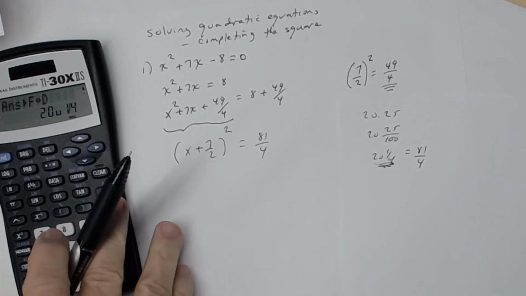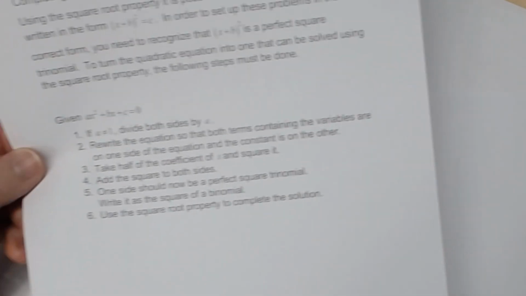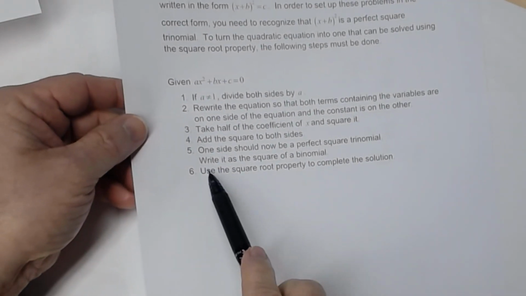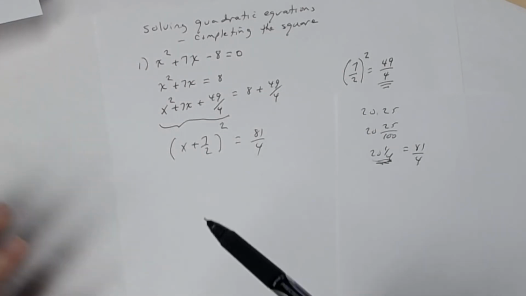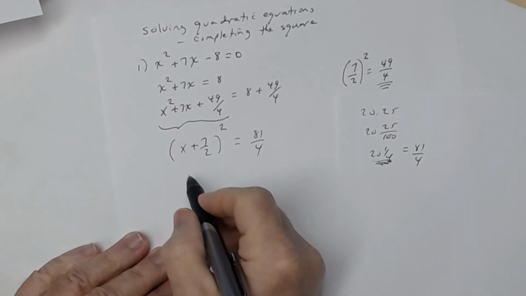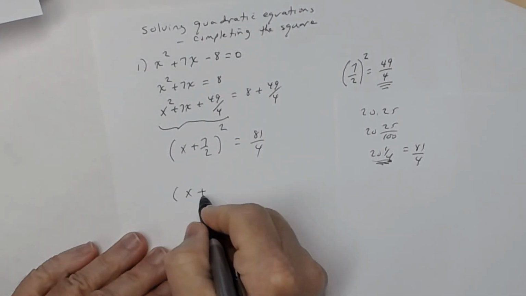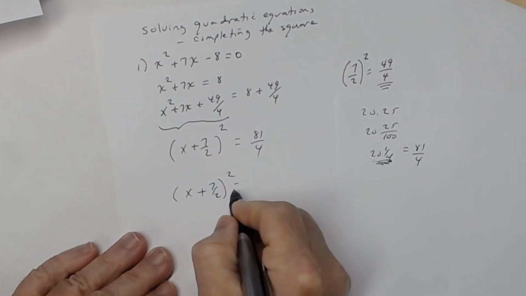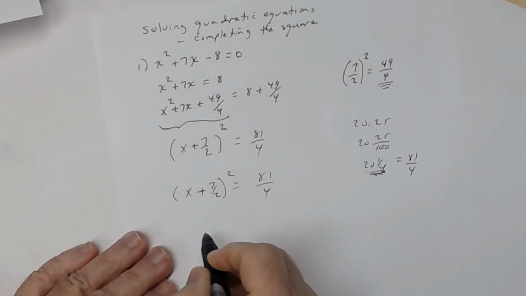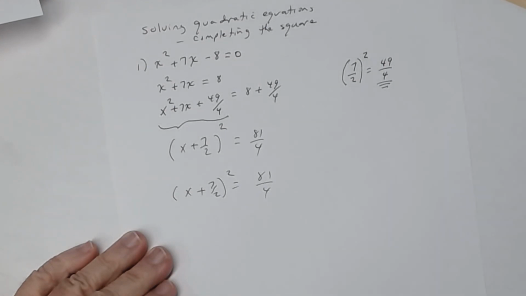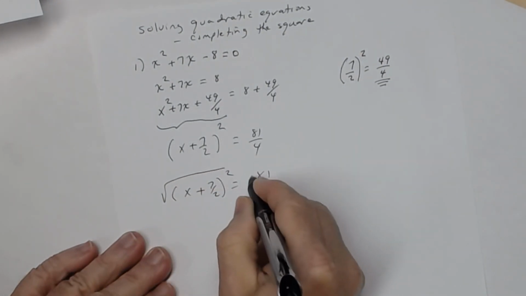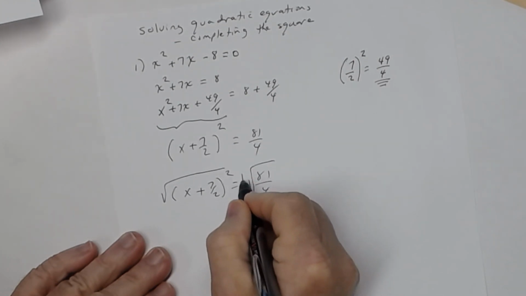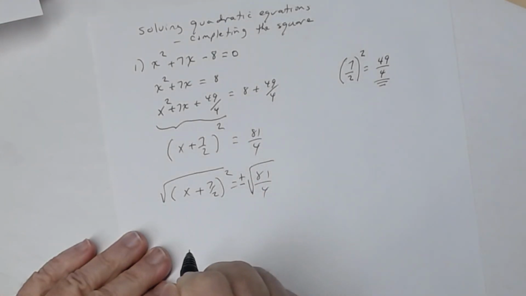Now the final step, step 6, is to use the square root property. You learned about the square root property in a previous lesson. Remember, you want to solve for x. So let me rewrite this over. You're going to take the square root of both sides. Remember the square root property? When you take the square root of both sides, don't forget that plus or minus notation.